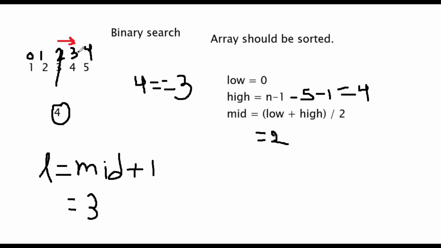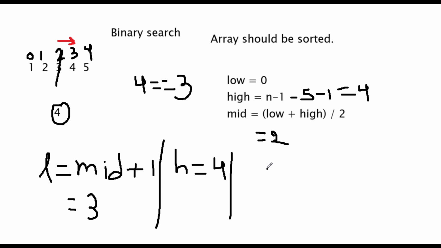So we are going to this side. And what about the high value guys? The high value remains the same, high equals 4 only. High equals 4, low equals 3.